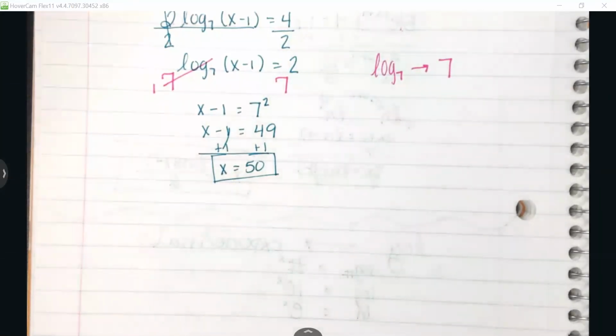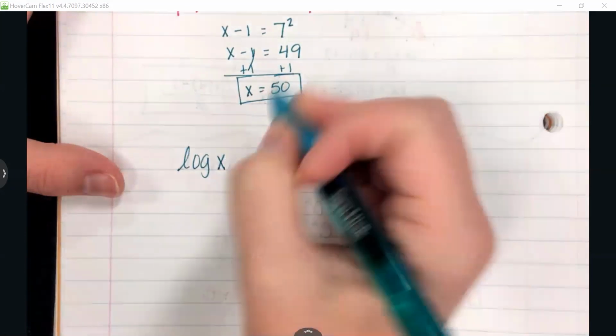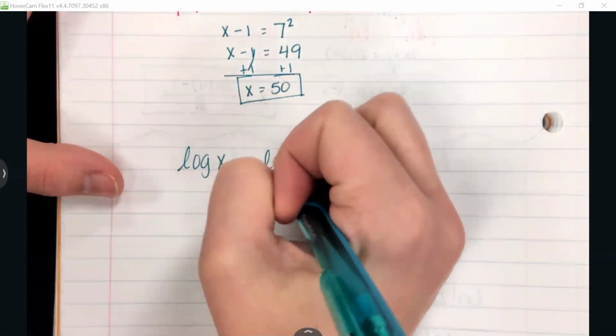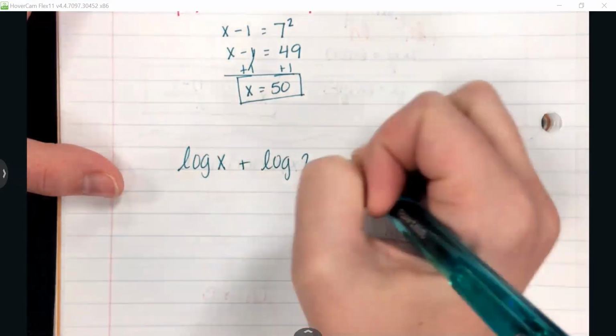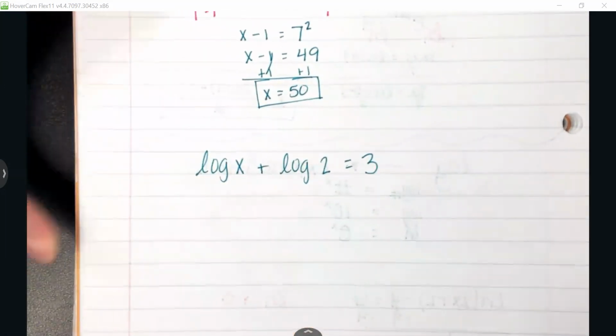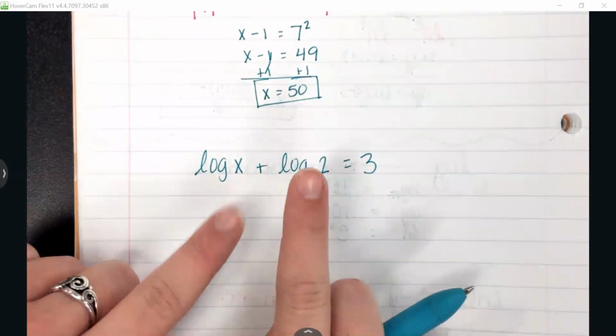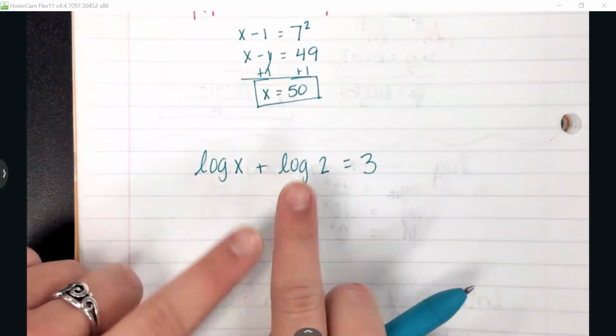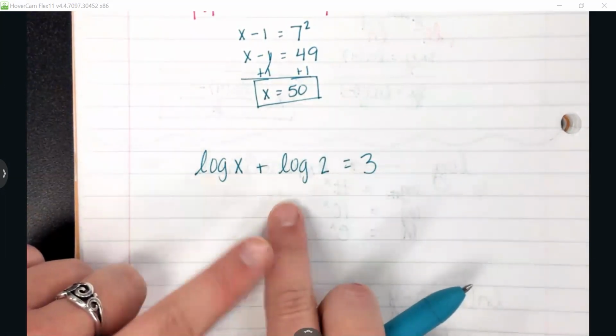Last one, and it's going to get harder. So I have log x plus log 2 equals 3. How many logs do I have? I have 2 logs. I can't do anything with 2 logs.